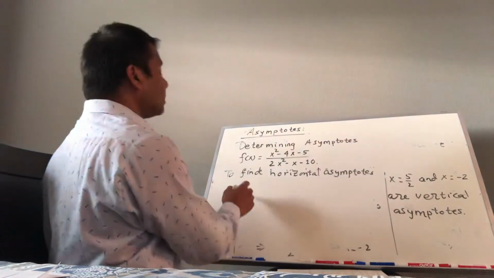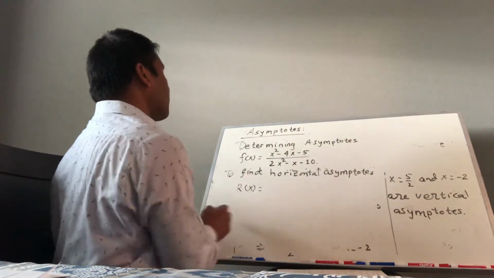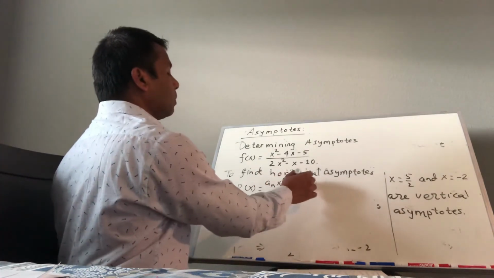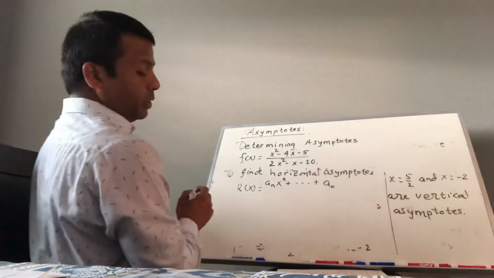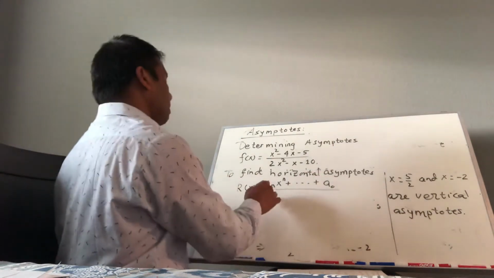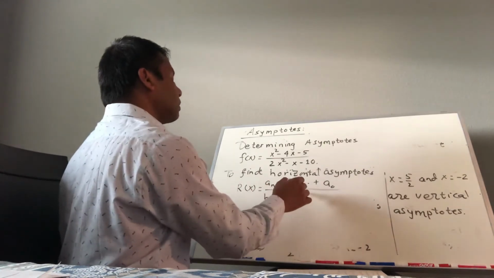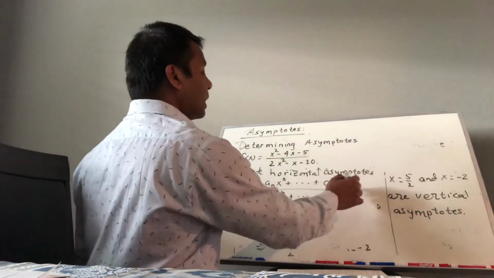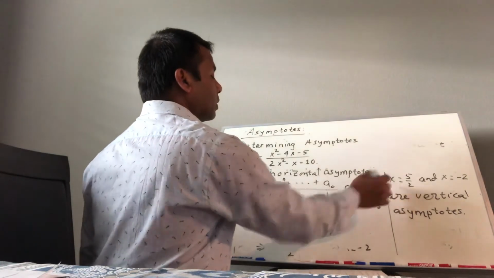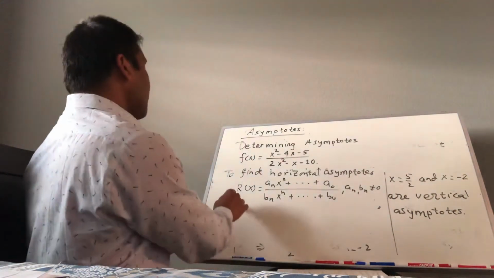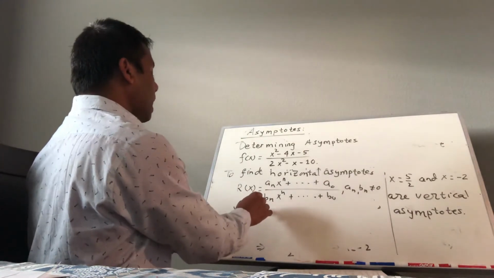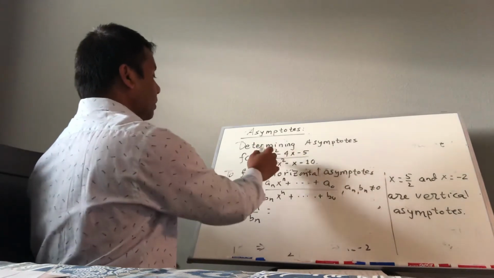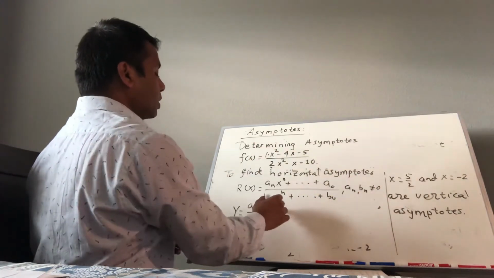If we have a rational function of the form R(x) equals a_n x to the power n plus ... plus a_0 over b_n x to the power n plus ... plus b_0, where a_n and b_n are not equal to 0, then the horizontal asymptote will be a_n over b_n. Here a_n is 1 and b_n is 2, so this is 1/2.